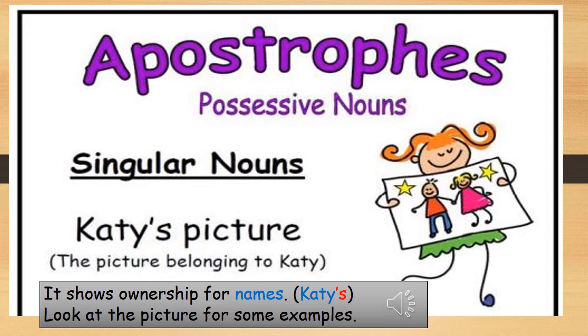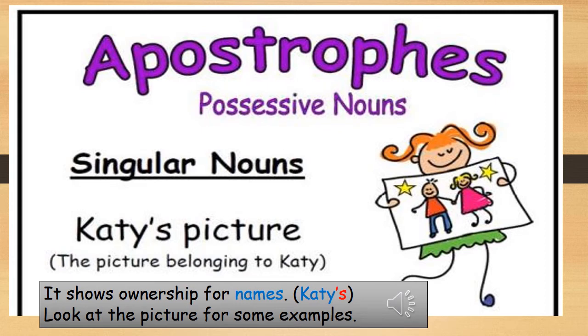So later on, you'll learn that apostrophes can be used for possessive nouns. Okay, so in our picture, we have a singular noun. It's a girl's name, and her name is Katie. The word says, Katie's picture. The picture belongs to Katie. It is her picture. If we look at the spelling again, this person's name is Katie, K-A-T-Y.